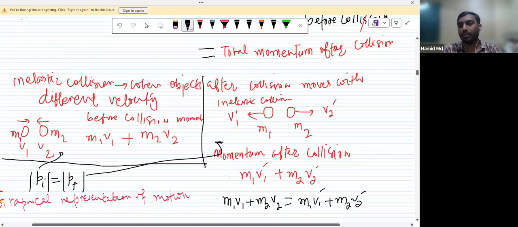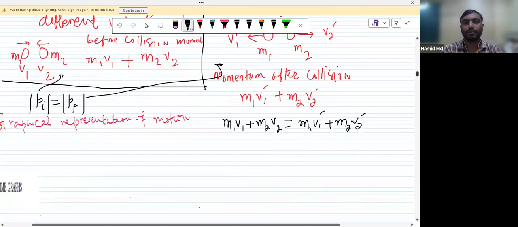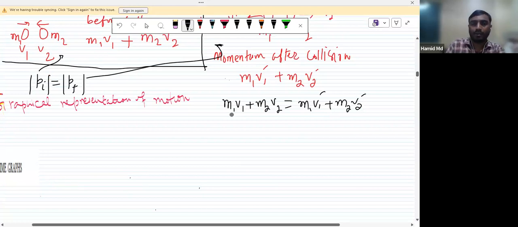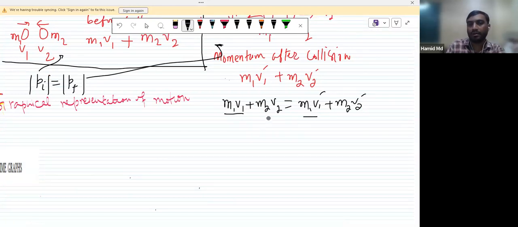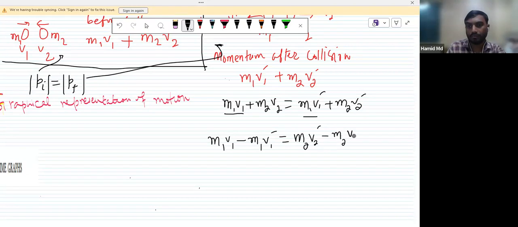Now we can rearrange all these terms. Take M1 on one side and M2 on another side. So if we take M1 common, M1 V1 minus M1 V1 prime will be equal to M2 V2 prime minus M2 V2. This statement is clear? Avani, is this statement clear to you?